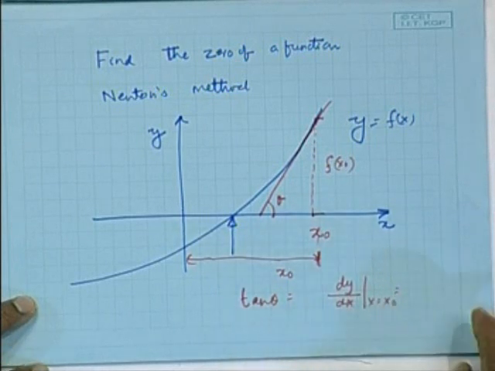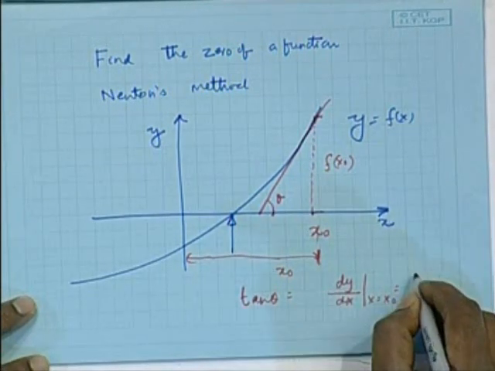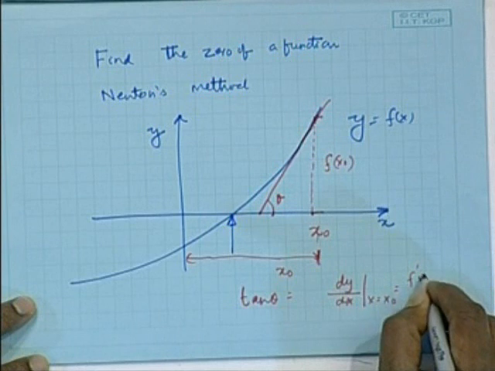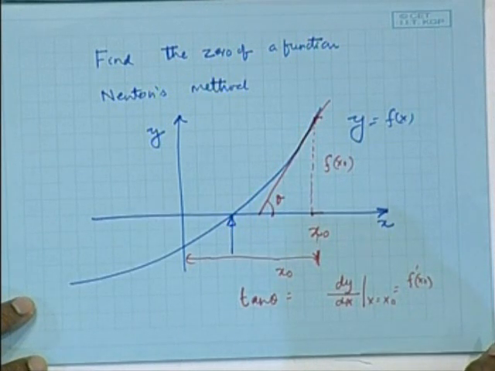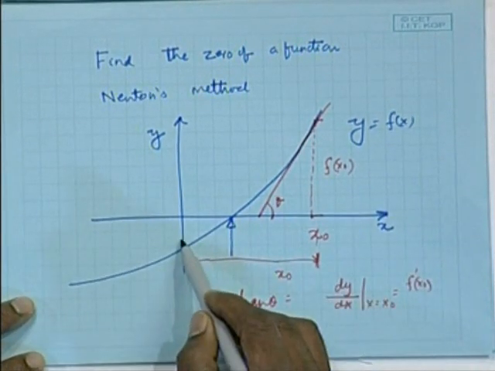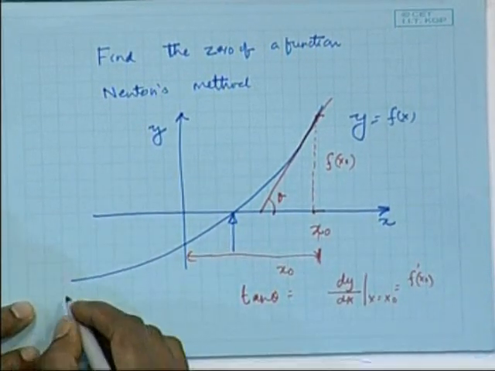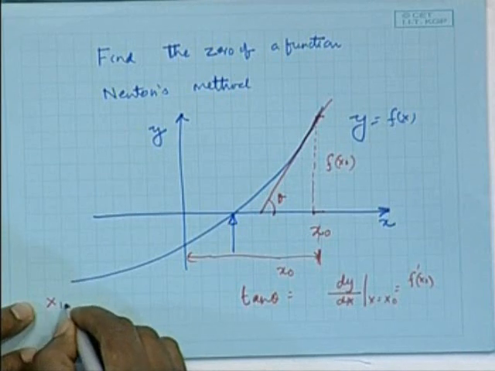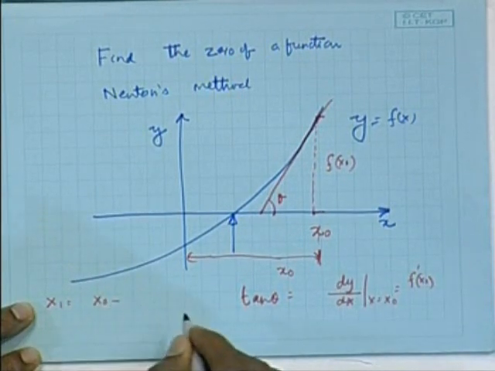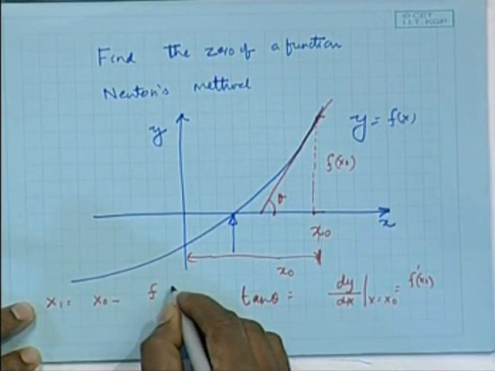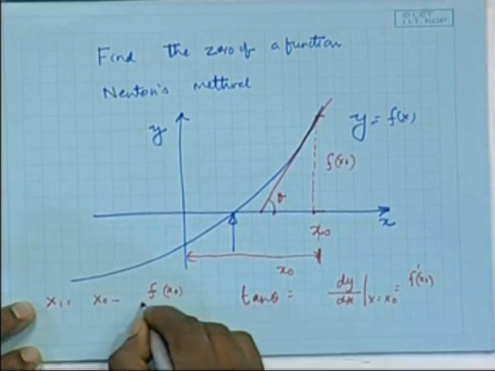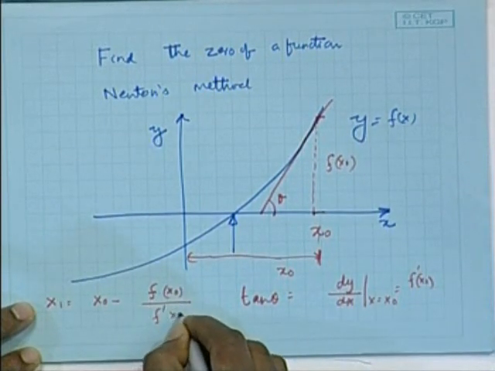This is called the slope of the curve, which you can write as f dash x naught. So my next step is x1 equal to x naught minus f of x naught divided by f dash x naught.